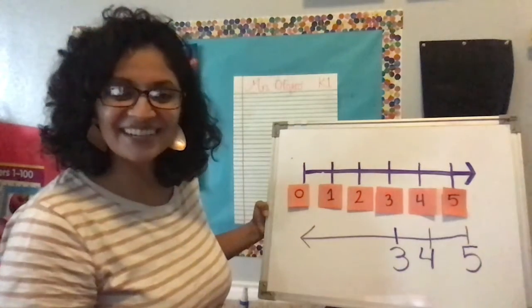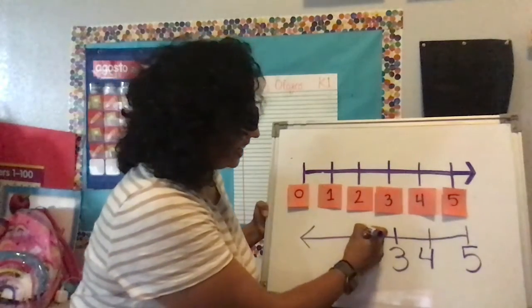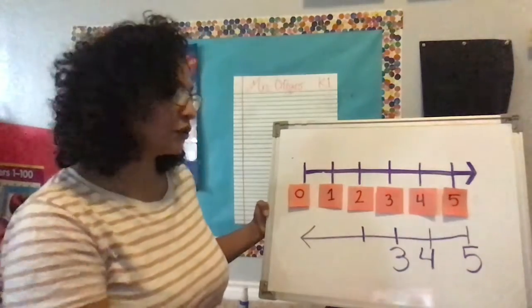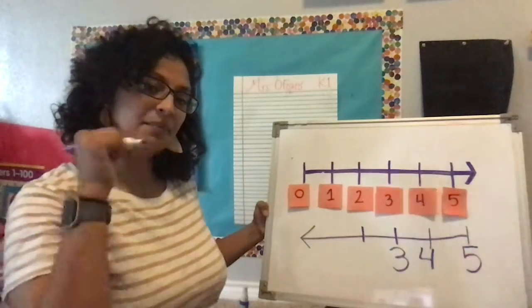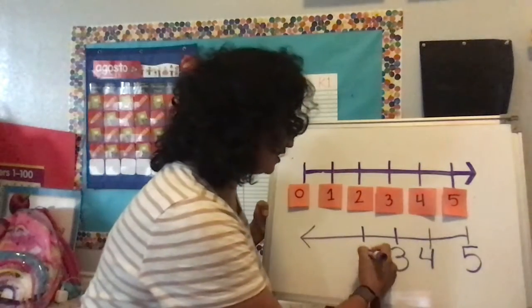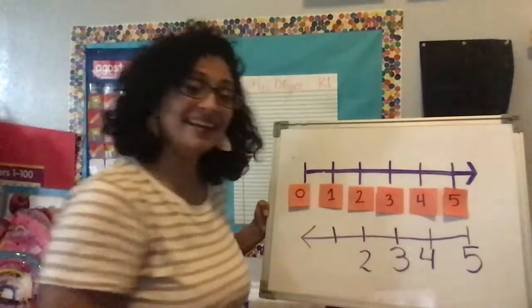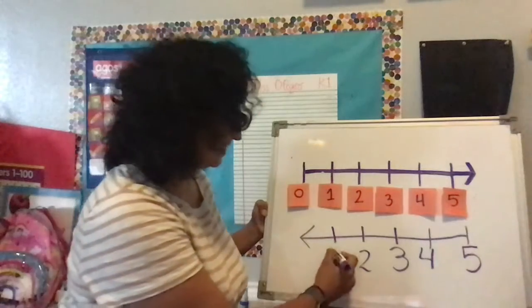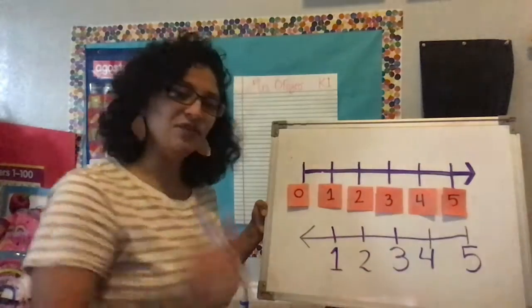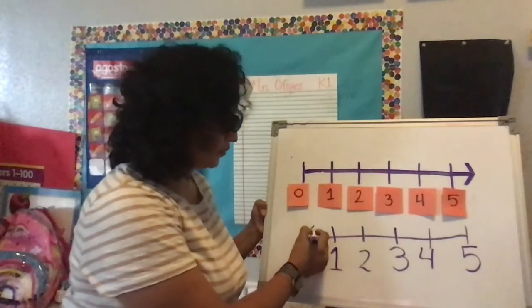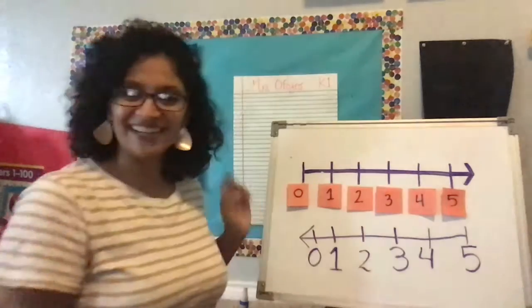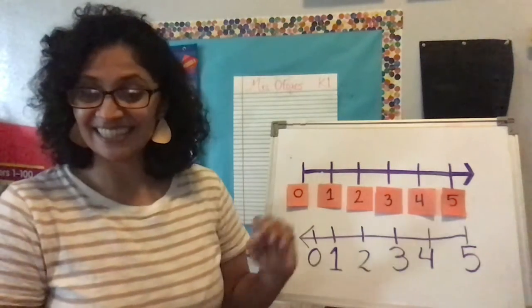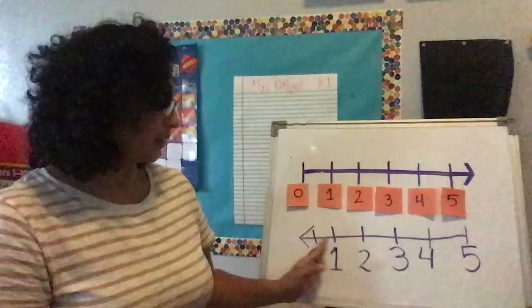You got it. 3. And what comes next after 3 if we're counting backwards? Backwards. You're right. 2. And then? 1. And finally, if we're counting backward, which one comes before 1? You're right. 0 does.